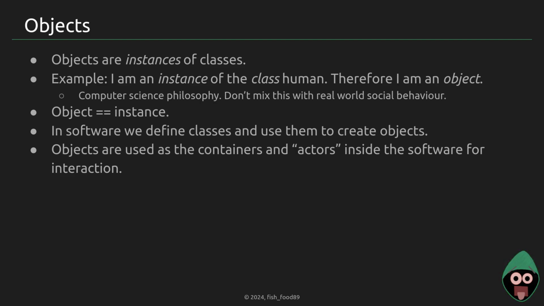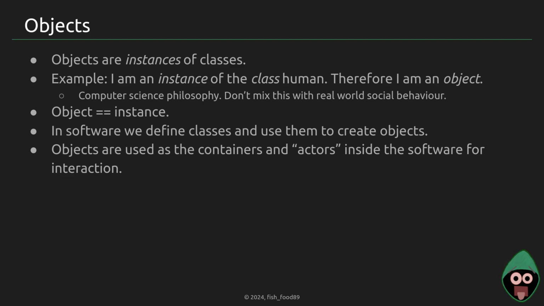But with a class itself, you can't do any interaction. It's just an instruction. So that's why you have to instantiate it. You create an instance of it, which is an object, and an object is not a concept like a class, a classification. An object is something tangible that can interact, like a robot or a car or a dog.